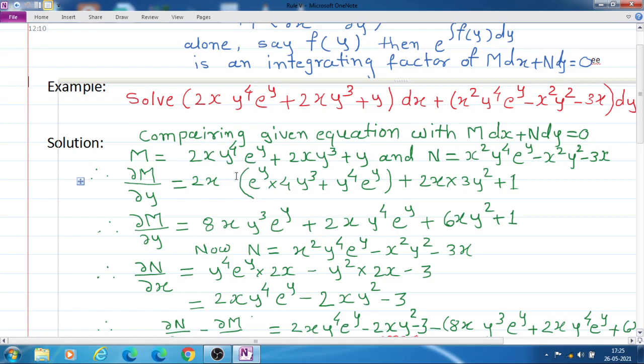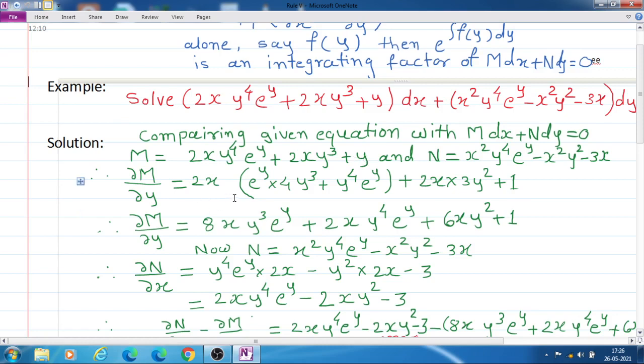Therefore here e^y remains as it is, and the derivative of y^4 is 4y^3, plus, now y^4 remains as it is, and the derivative of e^y is e^y, and the bracket is complete. Now the derivative of the next term 2x y^3, here x is constant, therefore 2x is constant, and the derivative of only y^3 is 3y^2, plus y, the derivative of y with respect to y is 1.